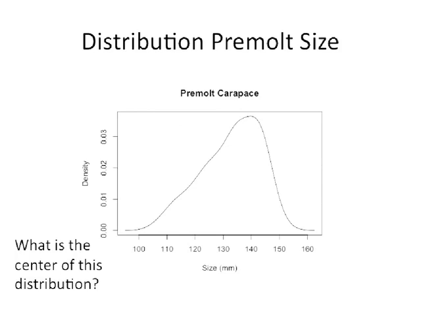So first, let's just take a look at the size of the crab before it molts. It's pre-molt size. And again, that's the width of the shell, the main portion of the shell at its widest point, measured in millimeters. I have a question for you: what's the center of this distribution?